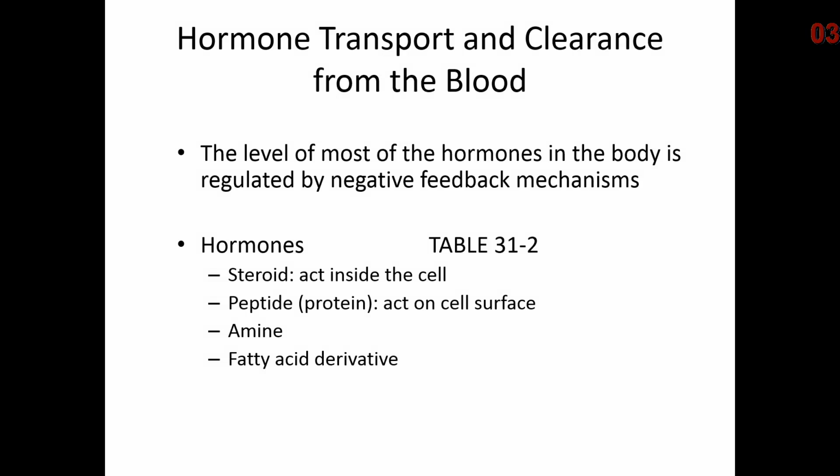The hormones are released into the bloodstream and circulate as either free or unbound molecules or as hormones attached to transport carriers. Your book talks about different types of hormones, and I want you to have a basic understanding of that. Again, there's a table on 31-2 in your book.